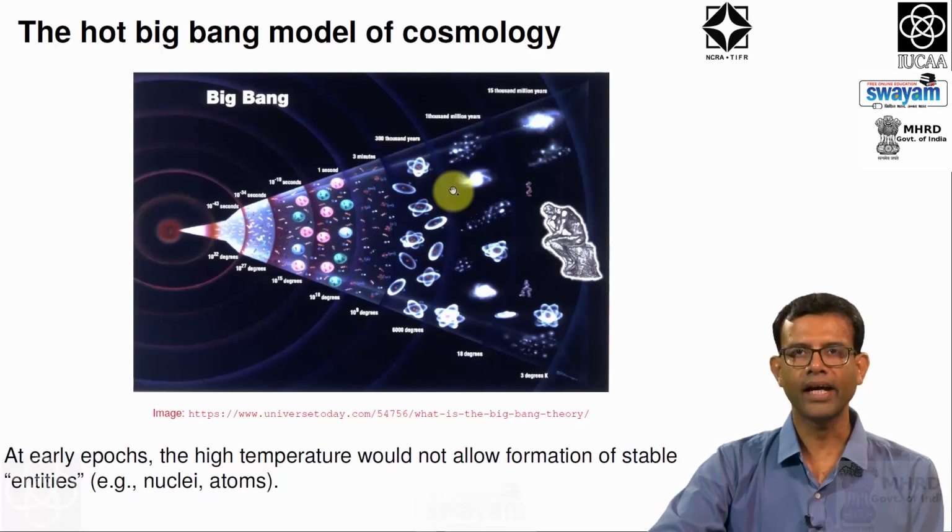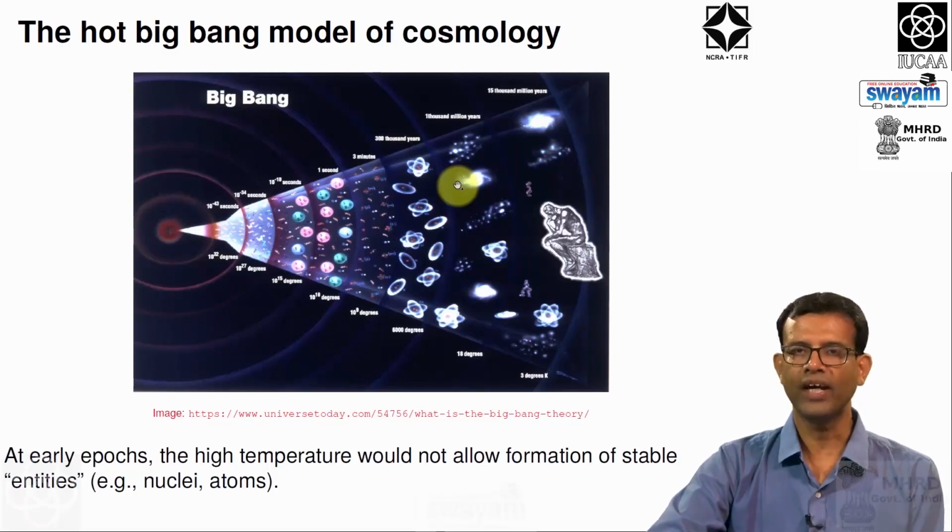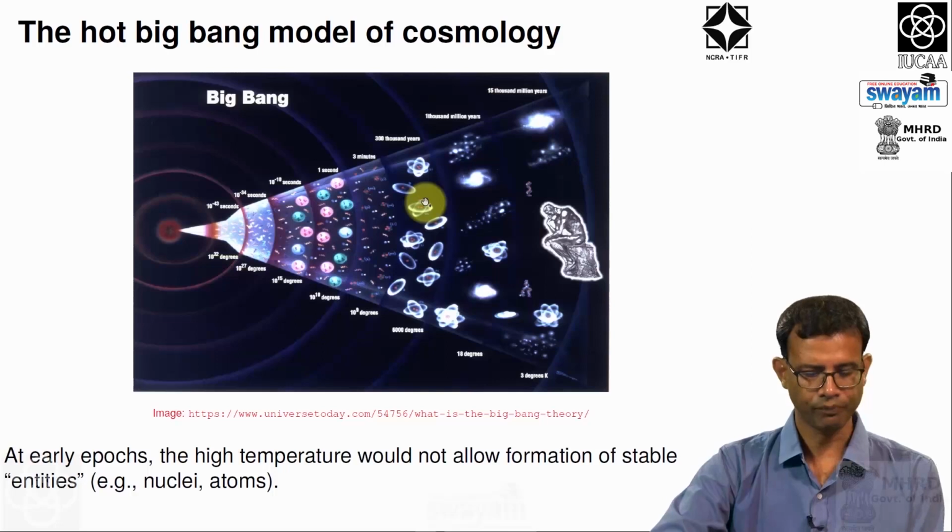We know that they are all there, all around us. But if I go back in time and make the universe so hot that the energies become very high, this can disintegrate these nuclei into individual protons and neutrons. So, at very early times when the temperatures are hot, it will be very difficult to form even the nuclei.